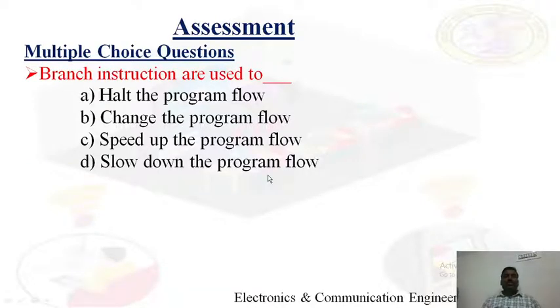In this multiple choice question, branch instructions are used to halt the program flow, change the program flow, speed up the program flow, or slow down the program flow. The answer is B, that is change the program flow. Got the idea? So branch instructions are always used to deviate from one point to another point in the program.